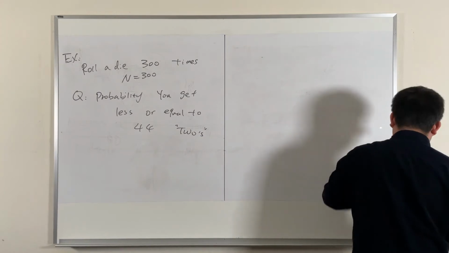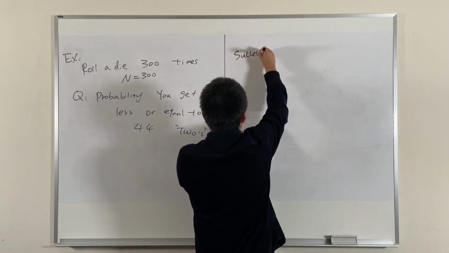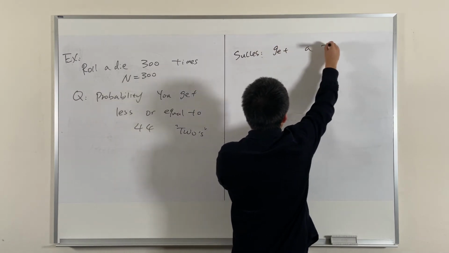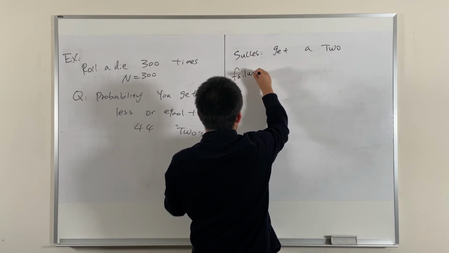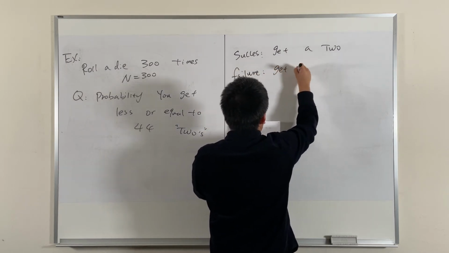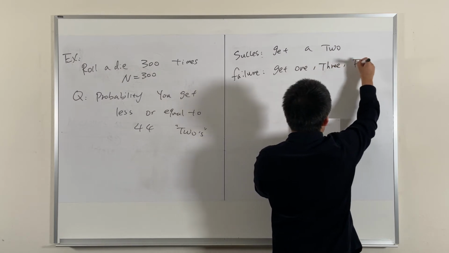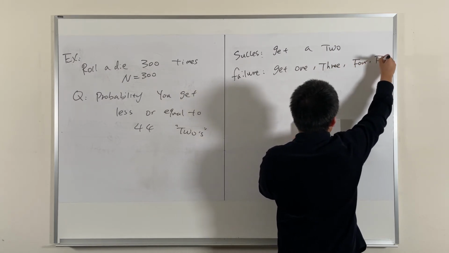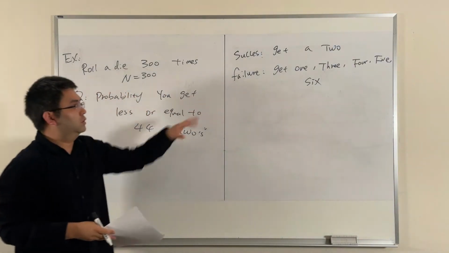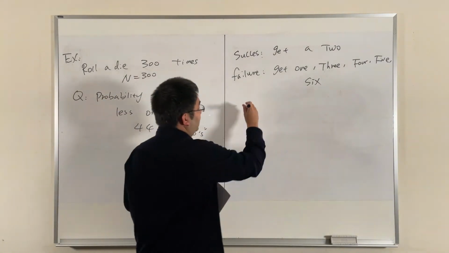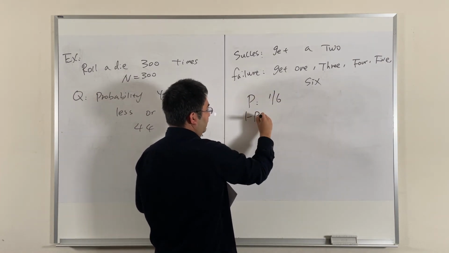In this case, the success is getting a 2, and the failure is that you get 1, 3, 4, 5, or 6. So these are failures if you want to get a 2. And then the probability of success is 1 over 6, and the probability of failure is 5 over 6.